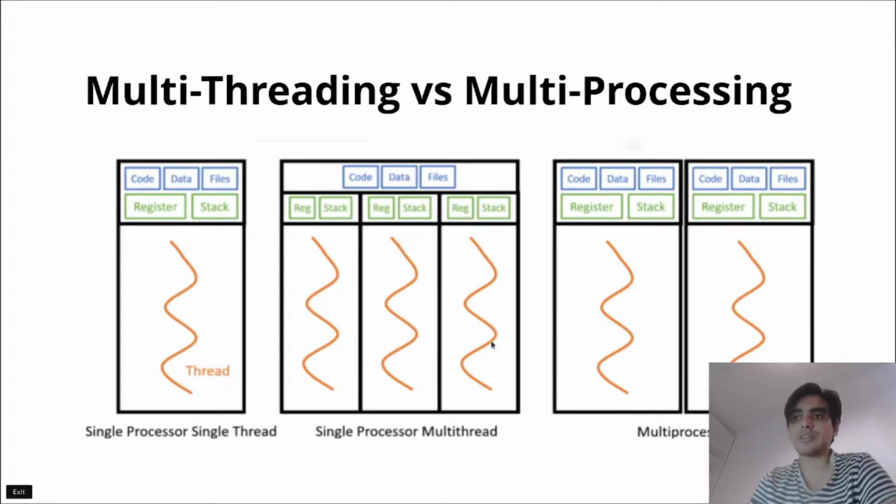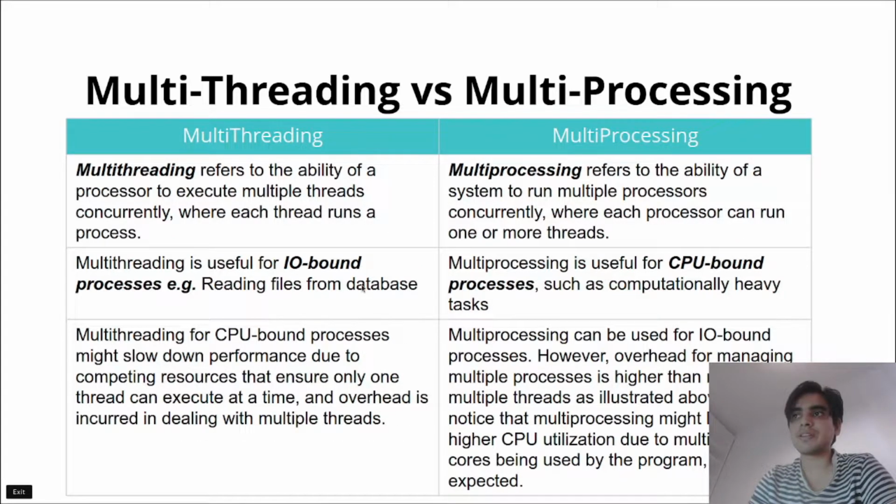So this is the difference between multithreading and multiprocessing, and there are some other differences. As you can see from the diagram, multithreading refers to the ability of the processor to execute multiple threads concurrently, where each thread runs a process.